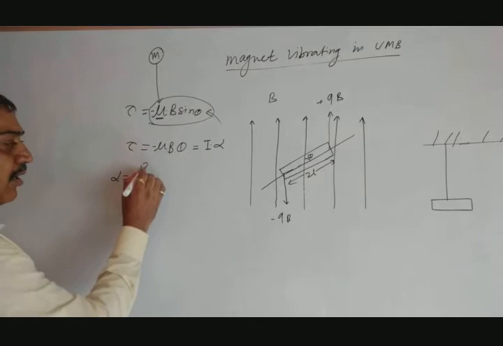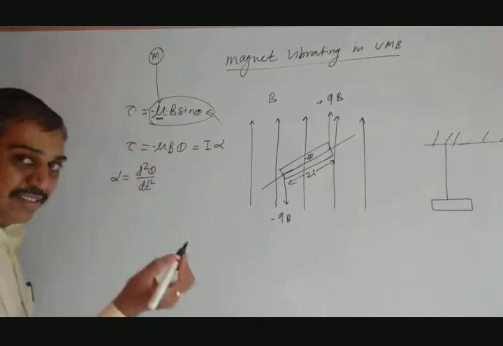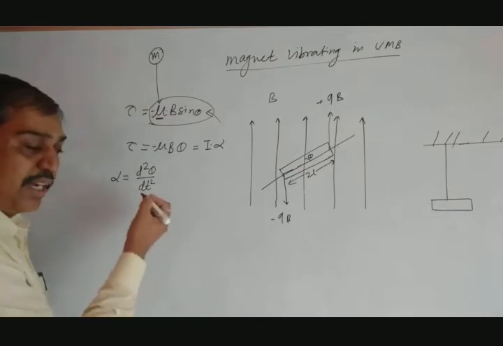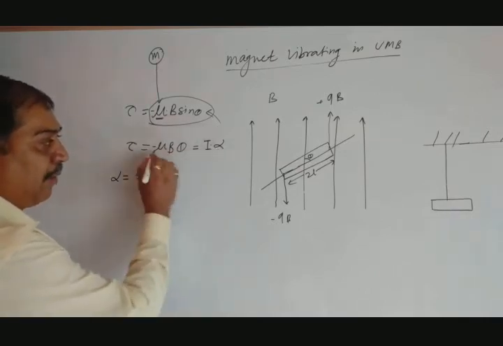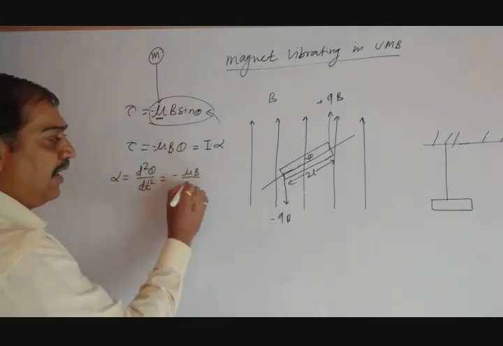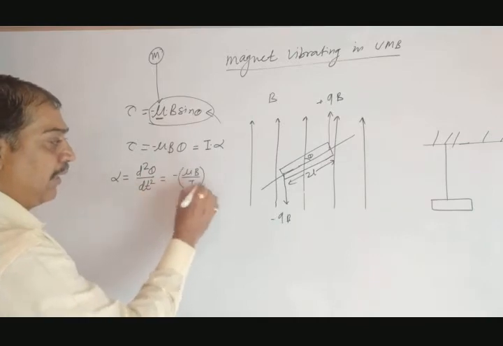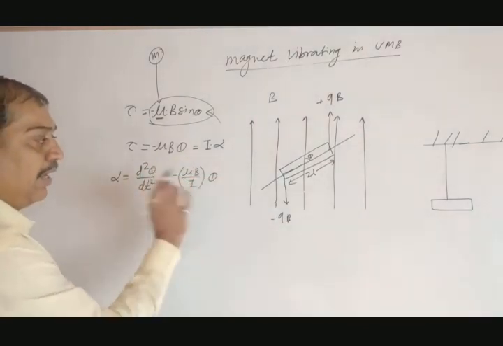It is the rate of change of angular displacement, d squared theta by dt squared, as we have seen initially. It equals minus mu B divided by I in the bracket, times theta.